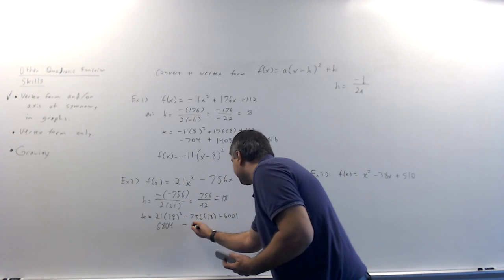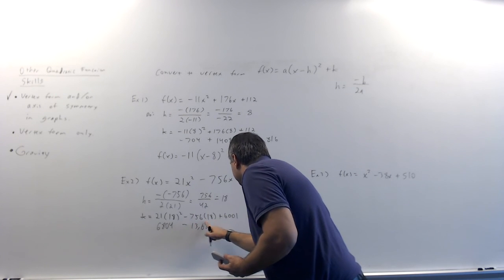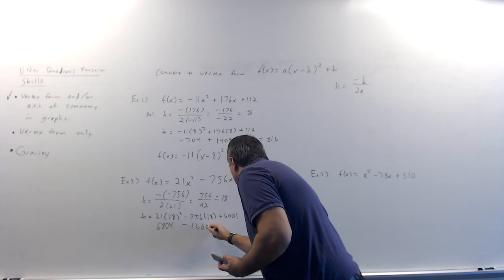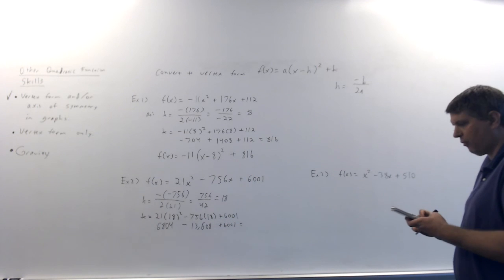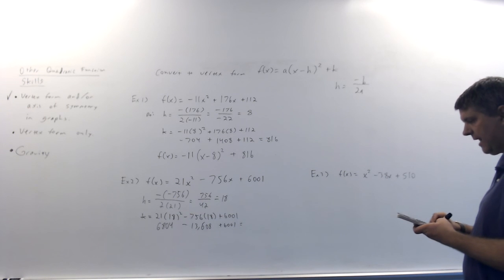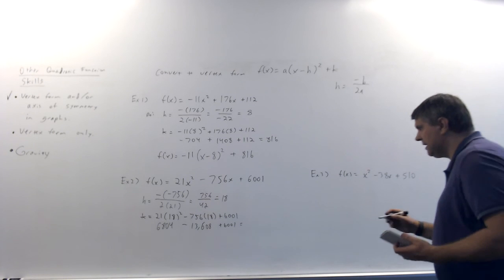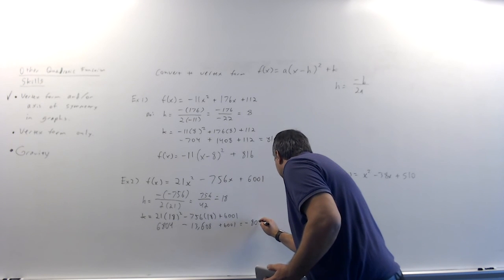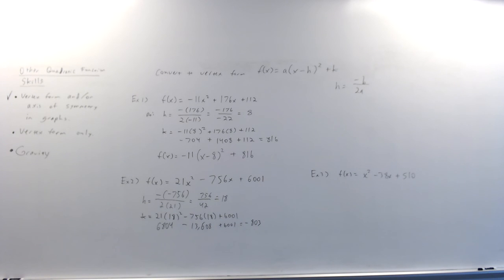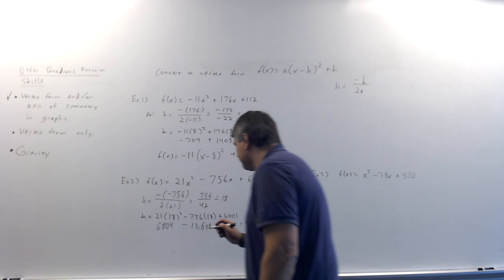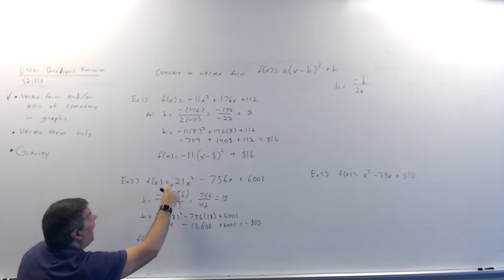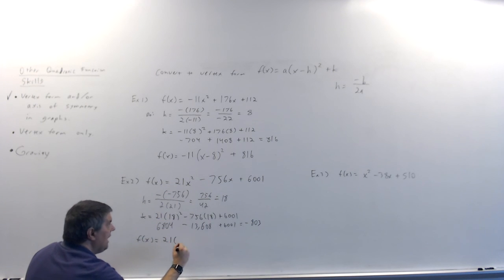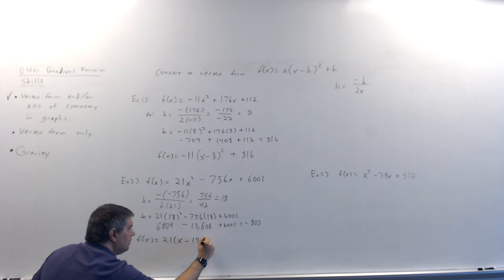So 18 squared is 324 times 21, 6,804, minus 756 times 18, 13,608, plus 6,001. So 6,804 minus 13,608 plus 6001 is negative 803.